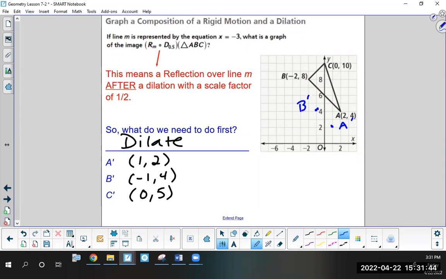And then 0, 5 is C prime. And then we can go ahead and take a look if we were to connect those dots. You'll notice I have the same exact shape, just a different size. It's half the size of the original. Okay, so technically I've done one of those two different transformations. I've dilated. Now I need to reflect.